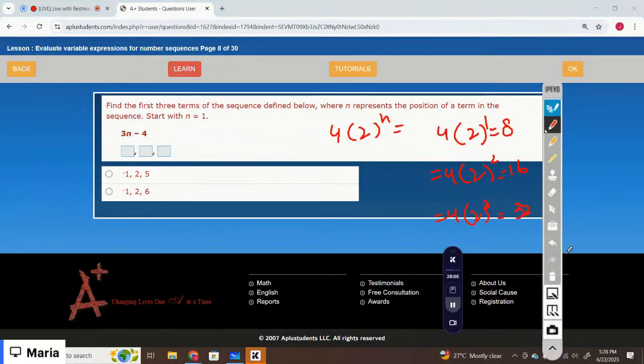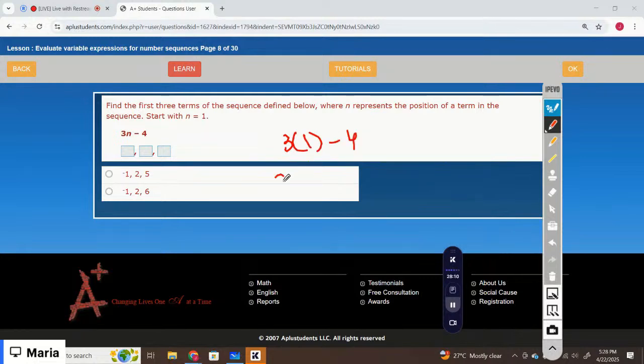N equals 1. Just replace the n with 1. 3 times 1 is 3 minus 4. 3 times 2 minus 4. And 3 times 3 minus 4. So that is 3 minus 4, 6 minus 4, 9 minus 4. So which is the correct option?